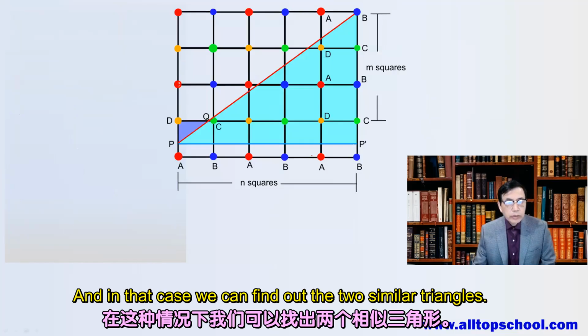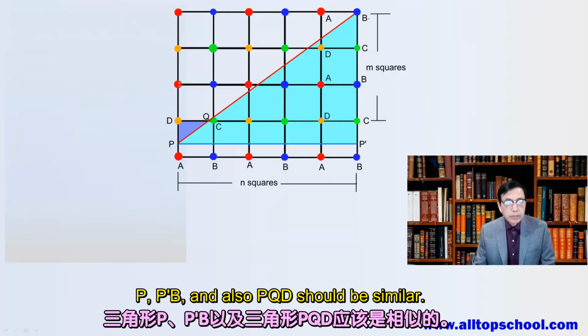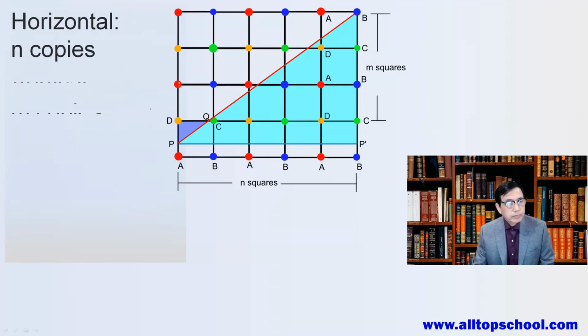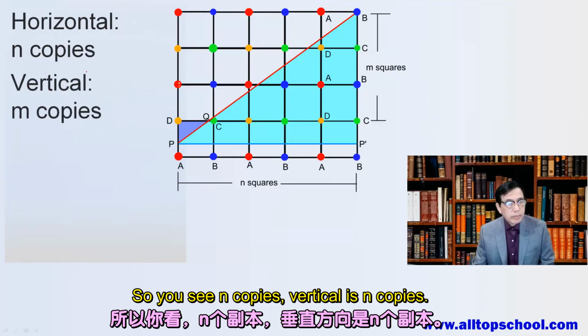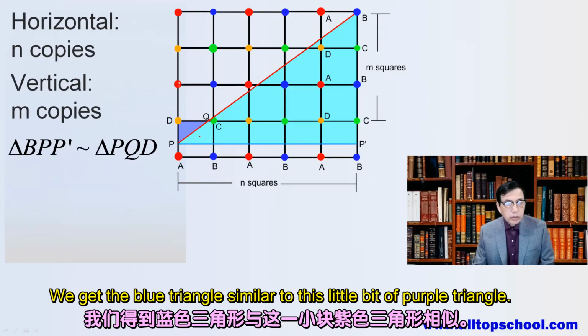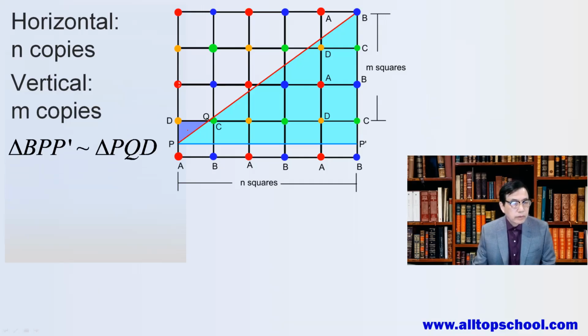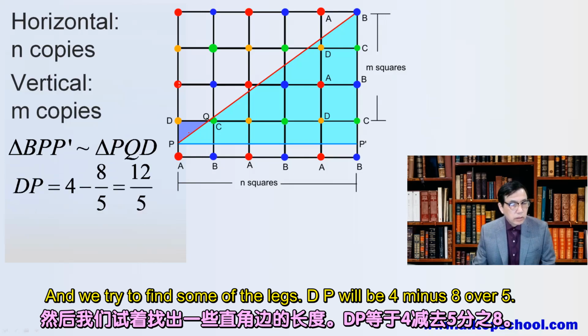In that case, we can find two similar triangles, P P-prime B and this PQD. With n copies horizontally and m copies vertically, the blue triangle is similar to this little purple triangle. Now we find some of the legs.